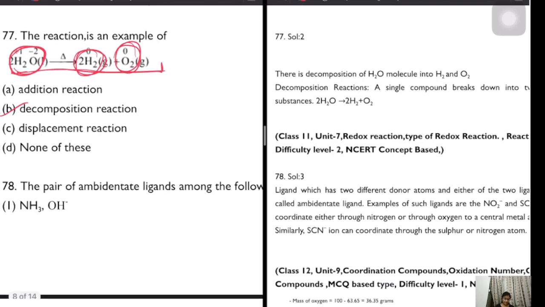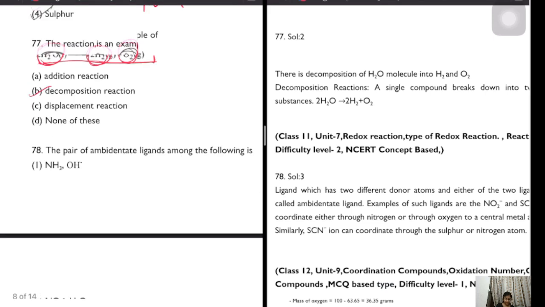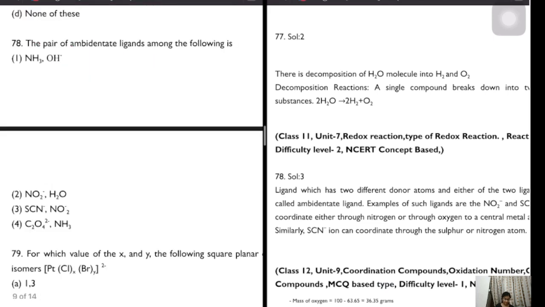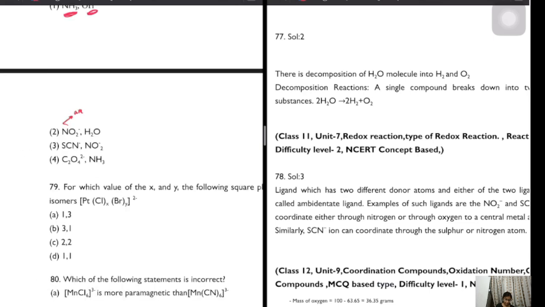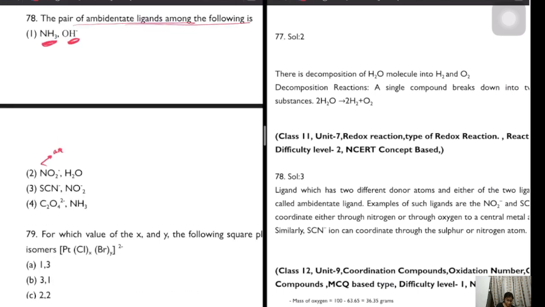Now we have to tell which pair of ambidentate ligands is there among the following. This is NH3, this is monodentate, this is OH, this is also monodentate. Now NO2 negative, this is ambidentate. Let's see first what ambidentate is. It can use more than one atom of the ligand for complexing.